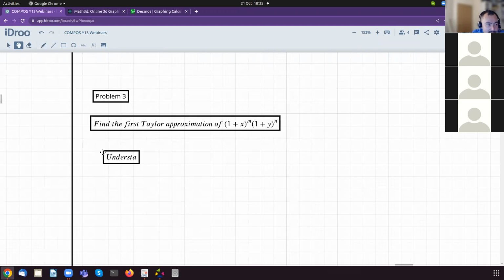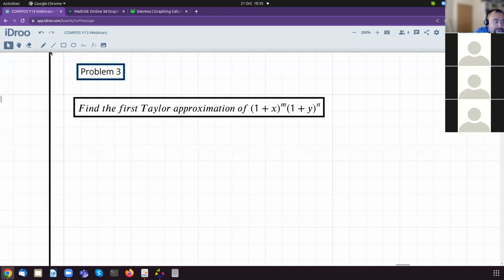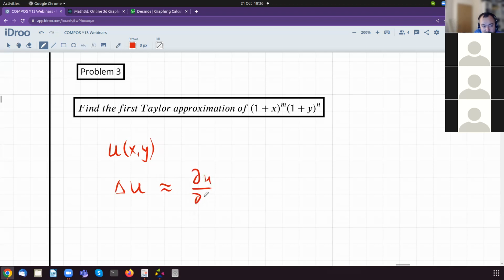If you have a two-dimensional function u of x, y, the Taylor approximation is that delta u, the approximation of the change in u, is approximately equal to du/dx times delta x, plus du/dy times delta y.